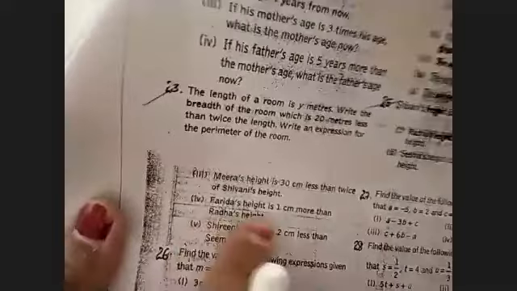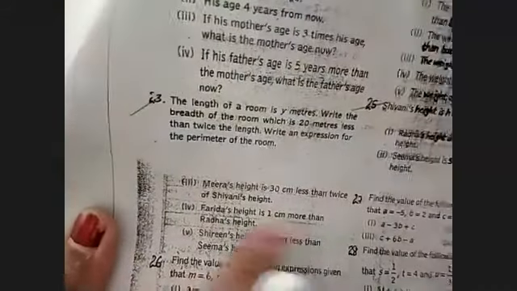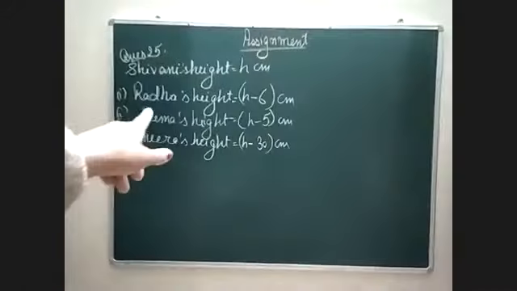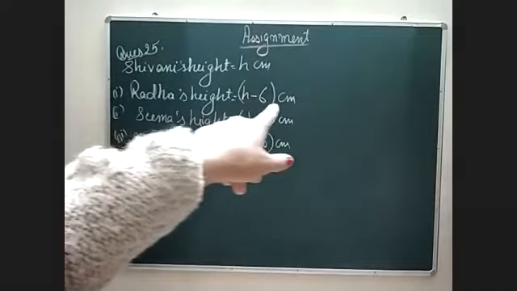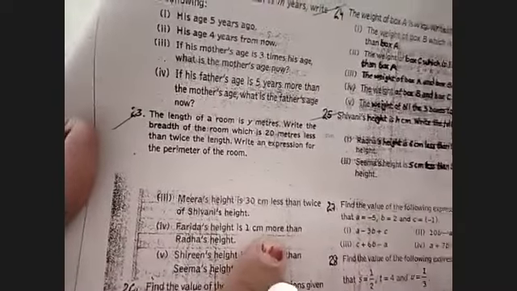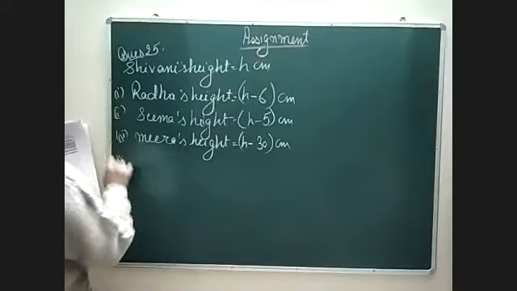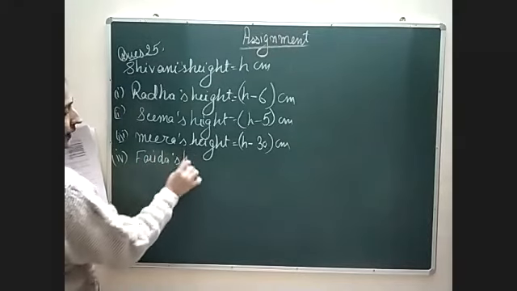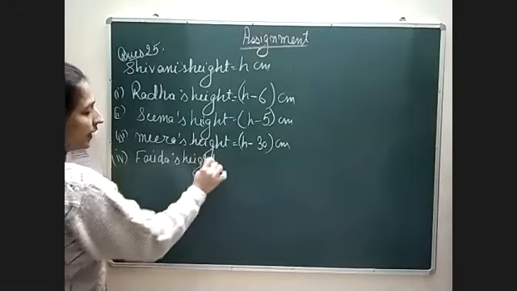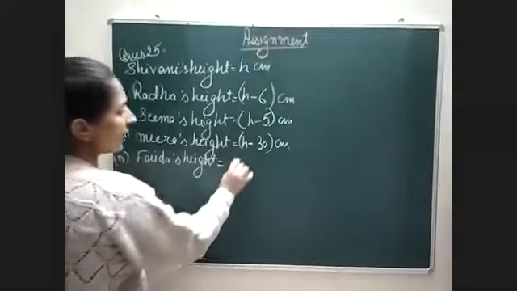Next is the fourth part. Farida's is 1 centimeter more than Radha. Now what we have written for Radha? We have written h minus 6. So we will be using Radha's height, and from that, since it says more than, we will add 1. Fourth part, Farida's height, and that will be Radha's height.